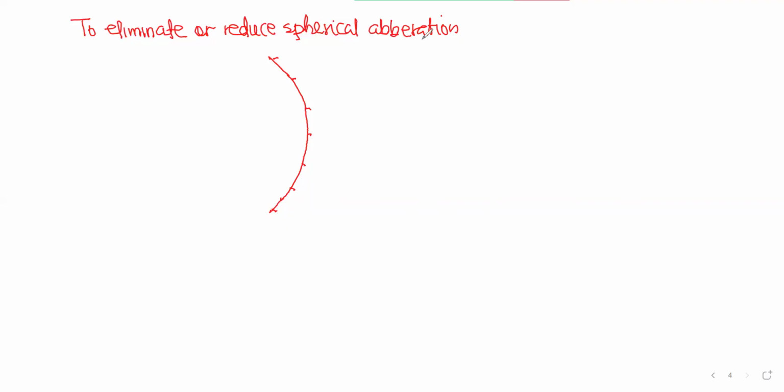So instead of this shape, we use this. Let me redesign it again.